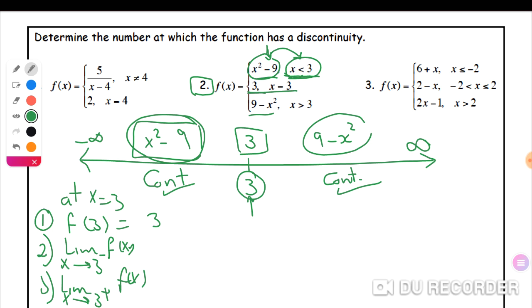The limit of f of x when x approaches from the left, where x is less than 3, will be 3 squared minus 9, which is 0. But as you see, the limit from the left does not equal the value of the function. The limit from the left and the limit from the right must equal the value of the function to be continuous.